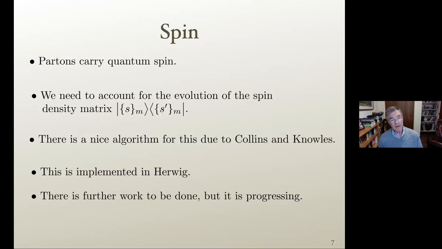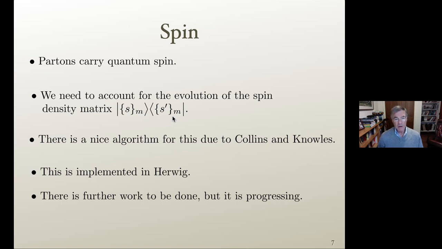So now we have quantum interference in our shower. But let me talk about spin. Partons carry spin, and that's a quantum variable. To account for that, you need the evolution of the spin density matrix, just like you'd use for polarized photons. So that's a ket spin state and a bra spin state.